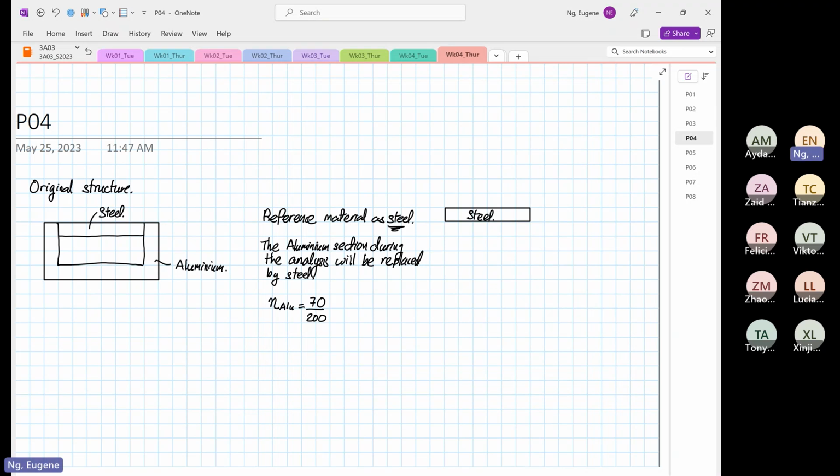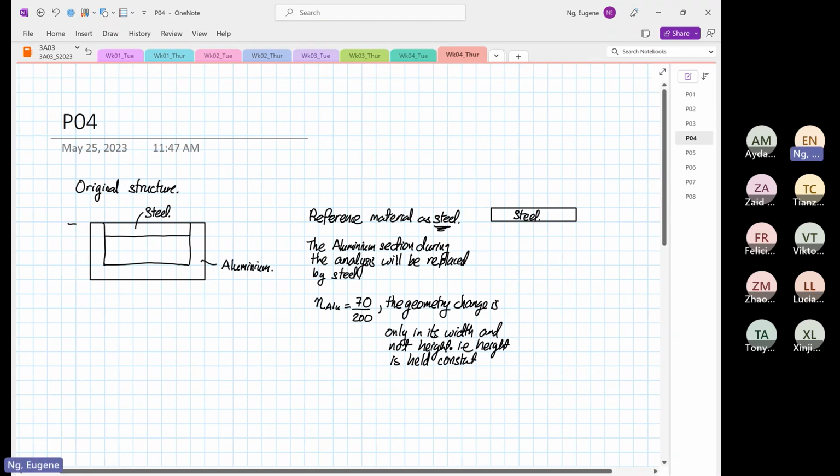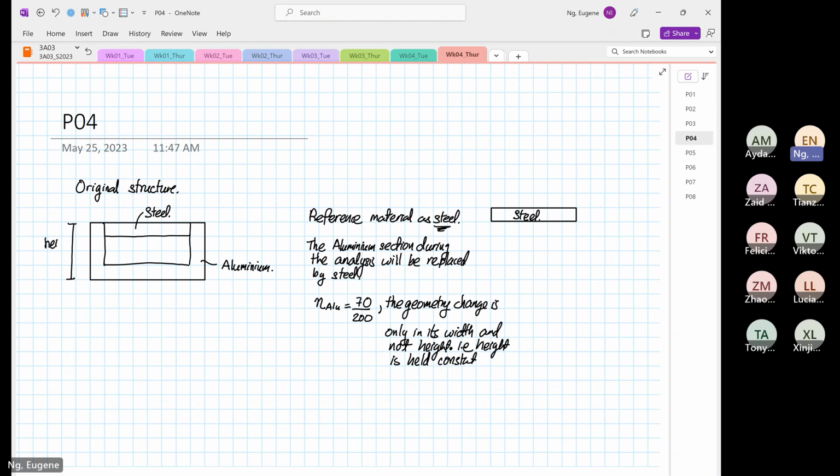So now the aluminum has to change its size, and the geometry change is only in its width and not height, i.e. height is held constant. What do I mean by height? This geometry over here, this is my height, or depth. I call it depth.